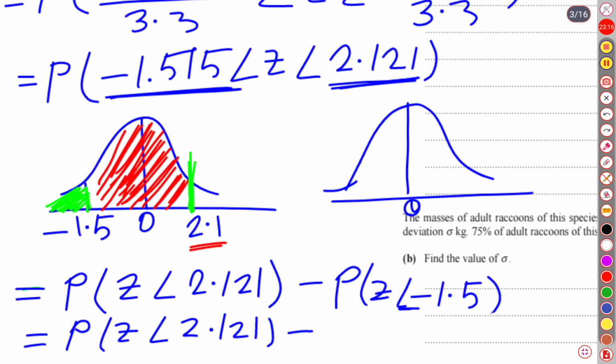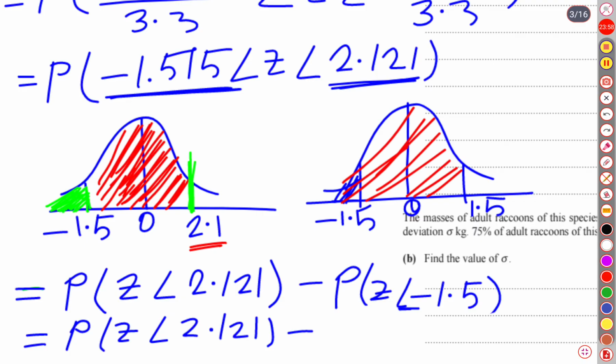We require this portion, where the z score is negative 1.5. As the curve is symmetric, here is also 1.5. From the whole probability, if we subtract this portion, we must get the portion we require, so this portion is equal to this.